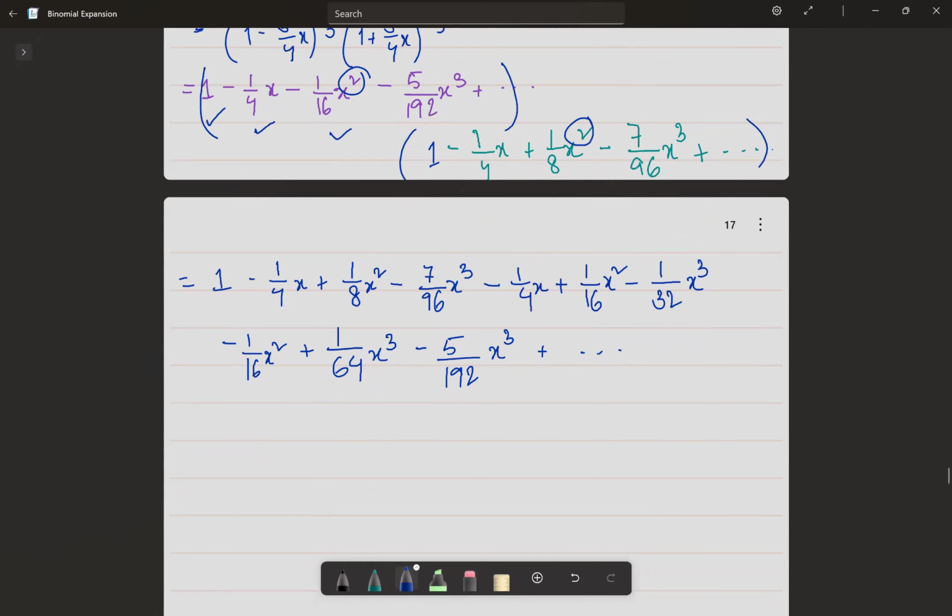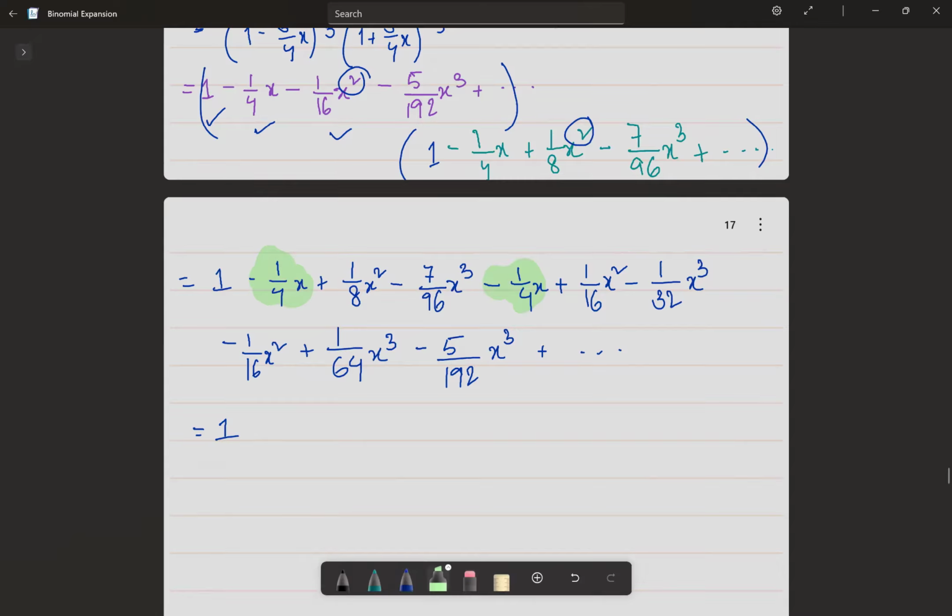Now let's simplify. So we have 1 in here. There is no other term that has only a number with it. So 1 stays as it is. Then we pick out all the x related terms. So we have minus 1 by 4x in here and minus 1 by 4x in here. So we add these two up.